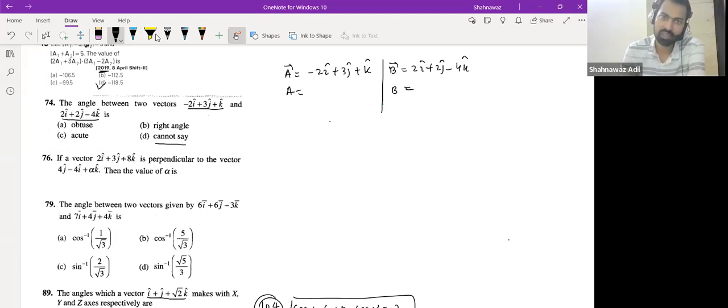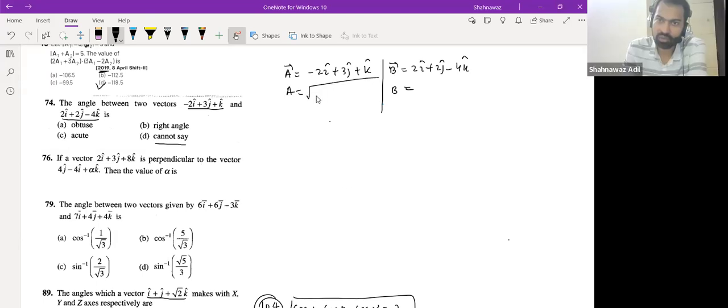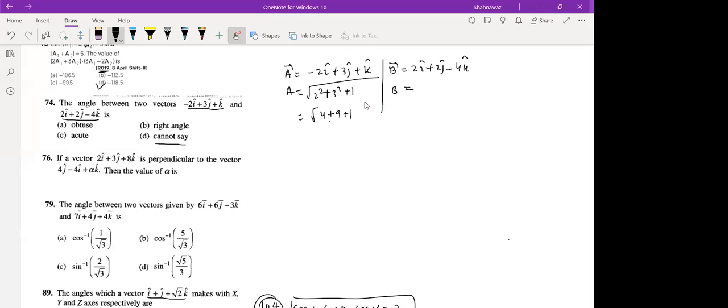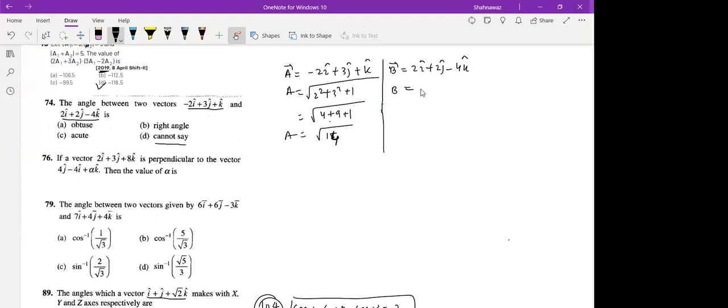Rishida, okay, Martin, and Abdullah. I don't know where is Abdullah. Yasir has not come today. Root of 2 squared plus 3 squared plus 1 squared, so this is 4, 9, plus 1. Root of 26? Sorry, root of 14.